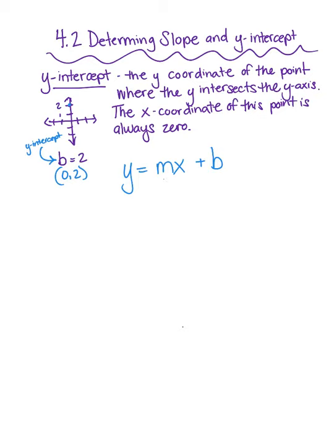The m is the slope. And we just talked about b. B is the y-intercept. And then x and y are going to be the values that we're going to be solving for. So this is called slope-intercept form.